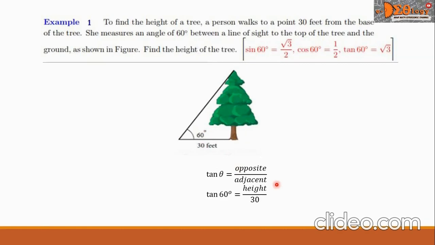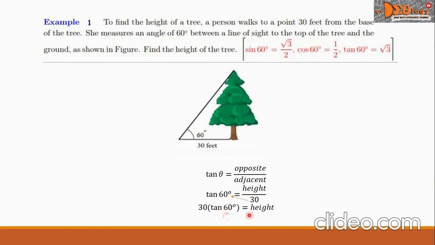Substituting the values, we have tangent 60 degrees equals the opposite, which is the height, over the adjacent side, and that is 30 feet. Simplifying this equation, we will cross multiply the 30 to the left side. So we have now 30 times the tangent 60 degrees.